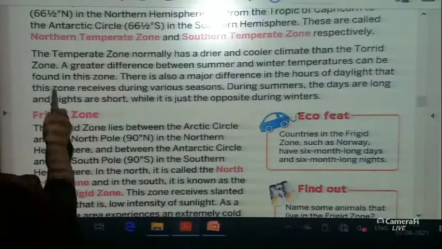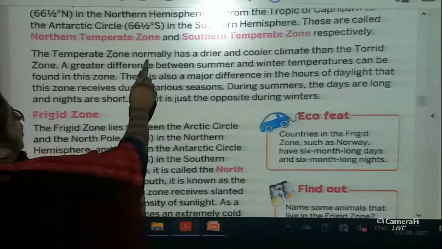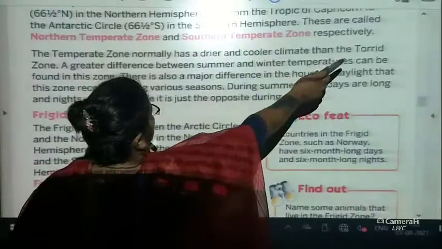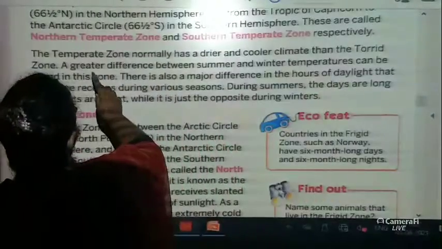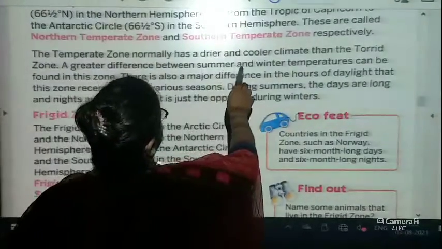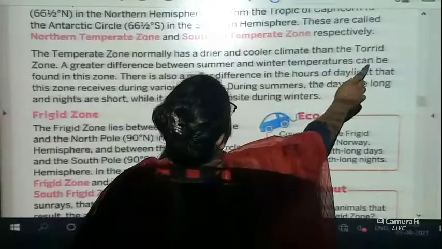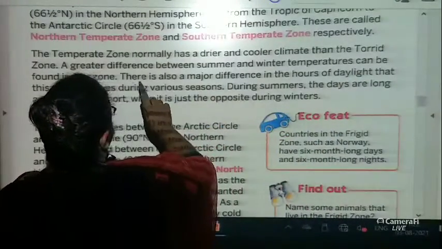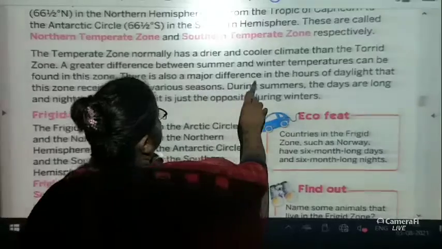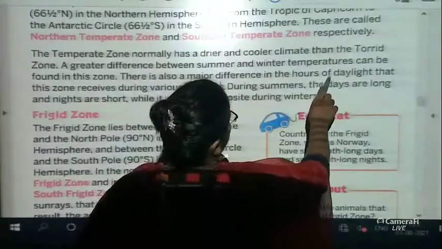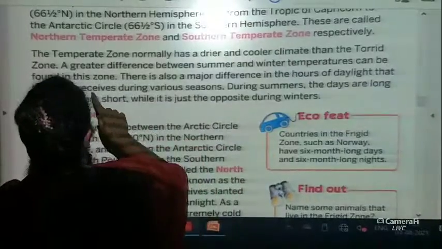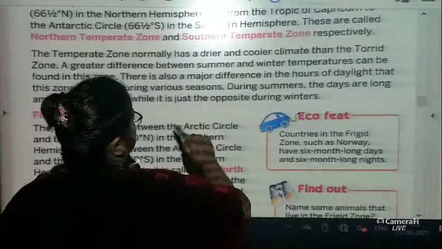Now let us see what kind of climate they have. The temperate zone normally has a drier and cooler climate than the torrid zone. A greater difference between summer and winter temperatures can be found in this zone. There is also a major difference in the hours of daylight this zone receives during various seasons.